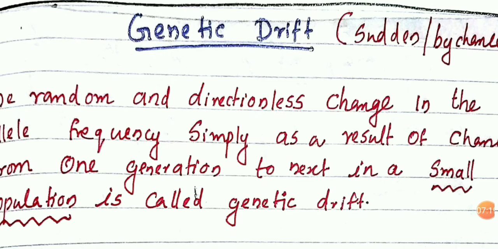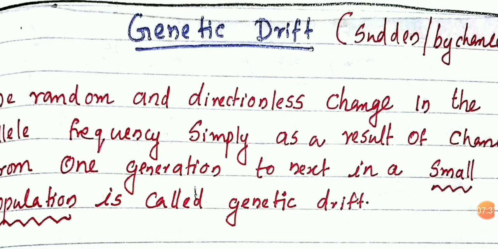A sudden or by-chance change in the population is called genetic drift. It is only counted for small populations. For large populations we cannot calculate the genetic change.